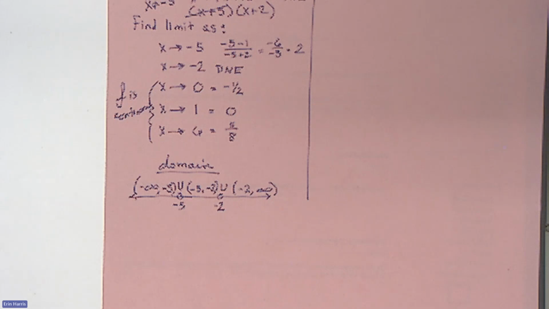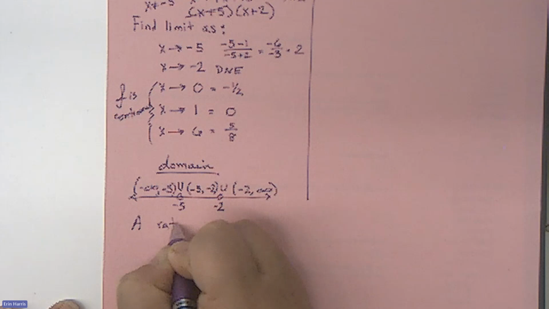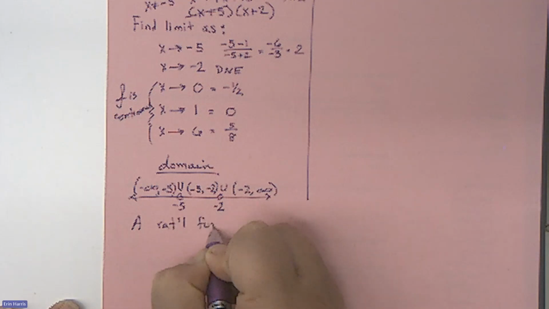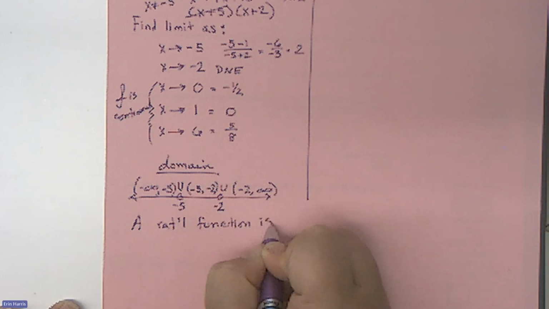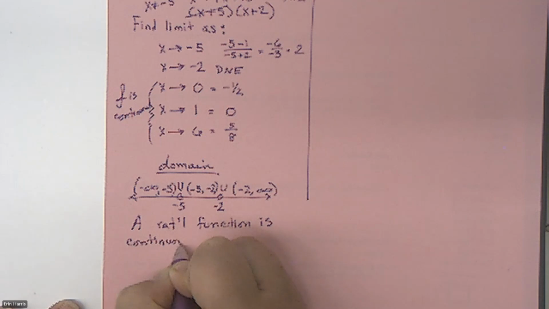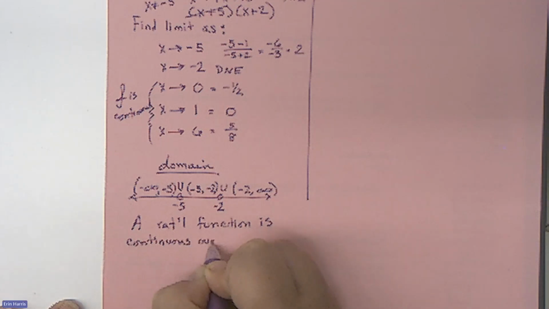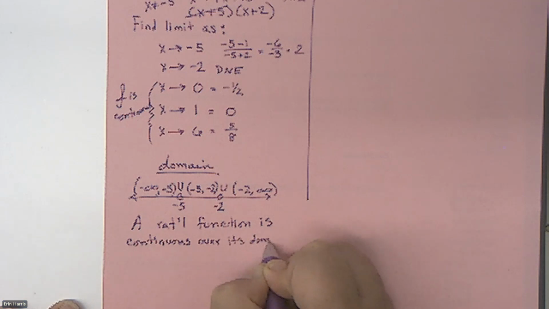Okay, so if I have a rational function, I'm going to say this, a rational function is continuous over its domain.